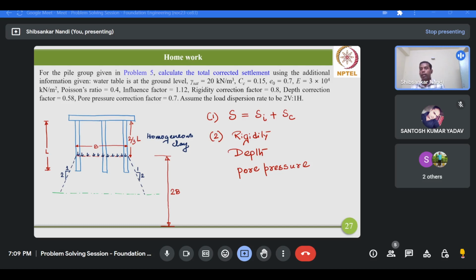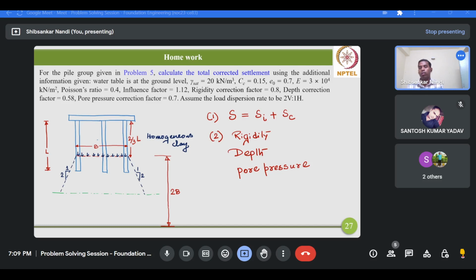There are several conditions talked about in the lecture videos, so depending on that you should figure out from which level the distribution of stress will start. Since this is homogeneous clay, the distribution will start at a depth of 2/3 of the length of the pile from the pile top.